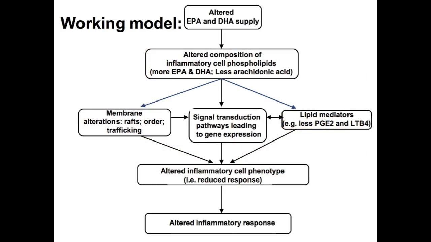I guess you're all interested in omega-3 fatty acids, or you wouldn't be here. The omega-3 fatty acids that I'm going to concentrate on are the fishy omega-3 fatty acids, eicosapentaenoic acid, EPA, and docosahexaenoic acid, DHA.